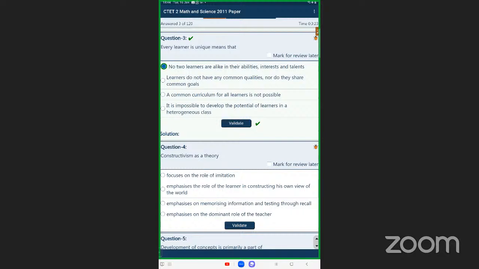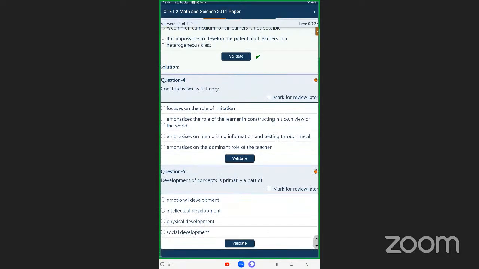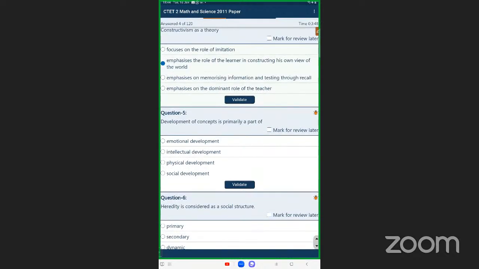Now question number 4 we are going. Constructivism as a theory. Which can be the correct answer? Constructivism as a theory emphasizes the role of the learner in constructing his own view of the world. Okay. Development of concepts is primarily a part of what?